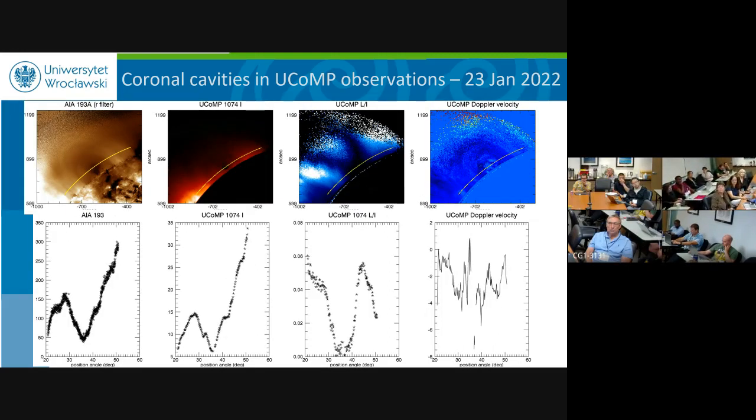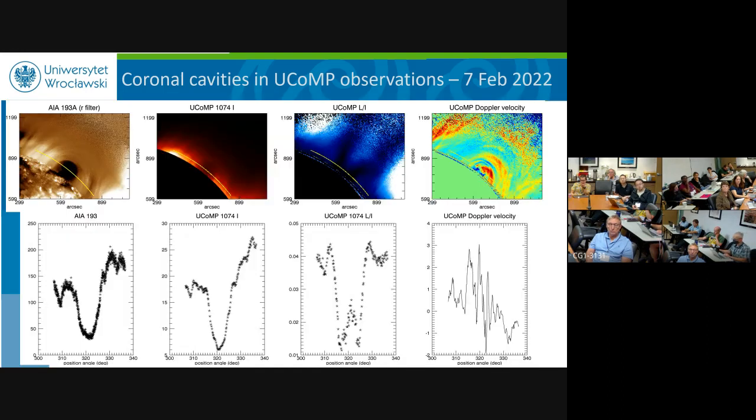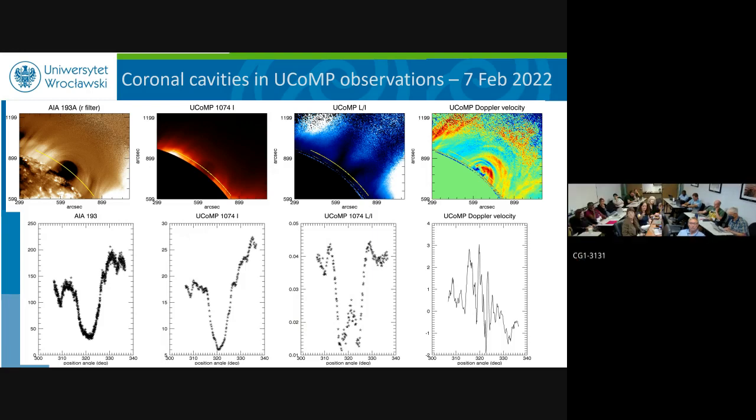Two other days, February 7 and February 17, and also profiles. For example, here I think we can also see some trend in the Doppler velocity. But the other profiles are absolutely the same as we obtained earlier with CoMP. So the width of the structure.